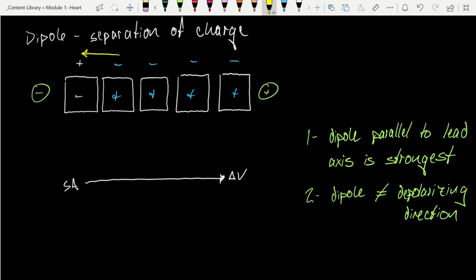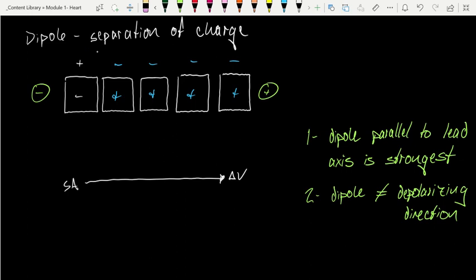Recognize, my dipole arrow is not going in the direction of this event, right? We've got this arrow down here. It's showing the direction of the event. But the dipole is just a static snapshot of the charge right at that given time. And right now, the dipole arrow is pointed toward the negative lead. This would be a negative deflection on my EKG.